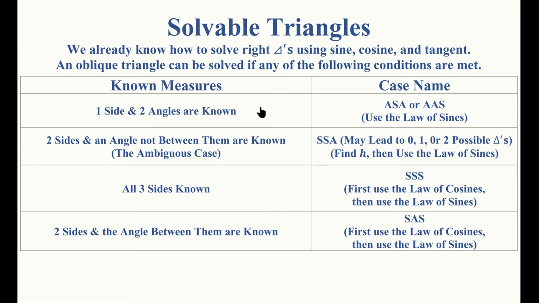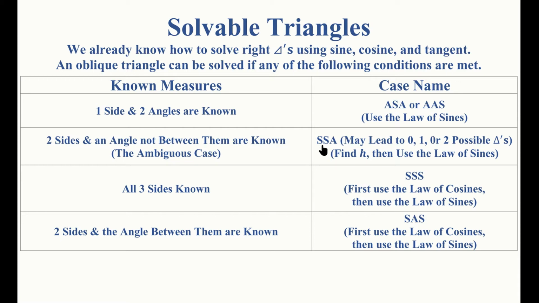We also mentioned last time that the solvable cases for oblique triangles fall into one of these categories. In the first case, you have two angles and one side, either with the side being between the two angles or not. In either case, such triangles are solvable.